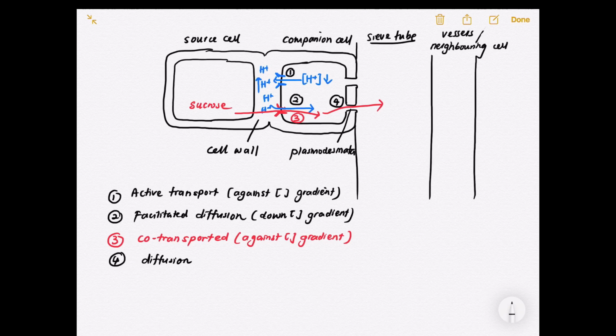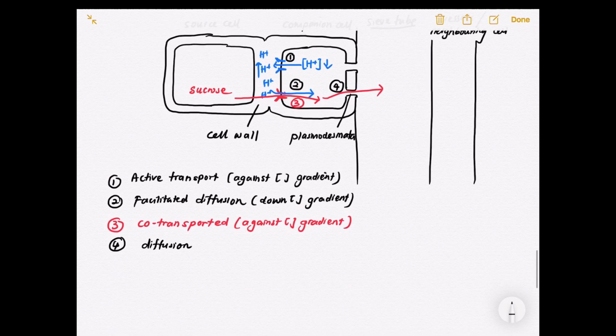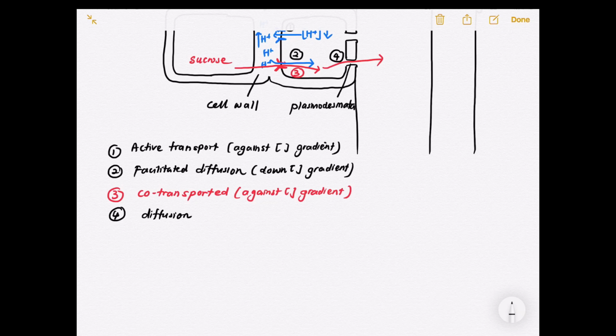That's why the whole process of active loading of sucrose is known as against concentration gradient, despite only one step involving ATP. Because without the first step, which is active transport, step 2, 3, and 4 will not happen.